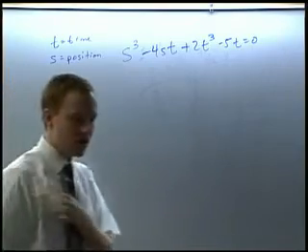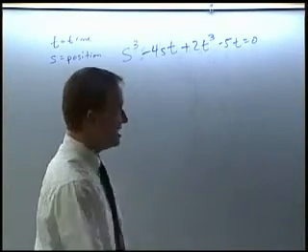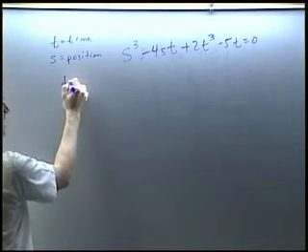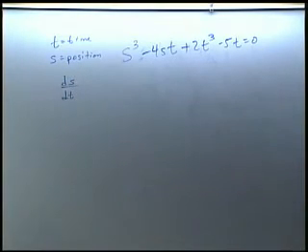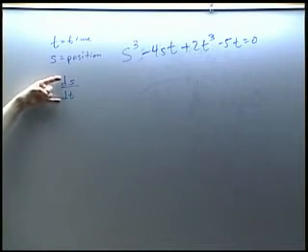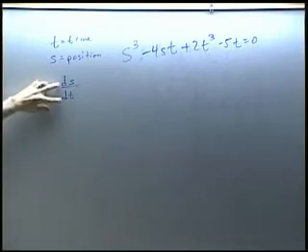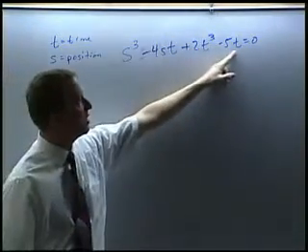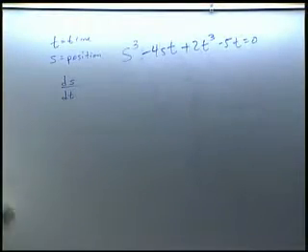Okay? The question they want you to find is the velocity, ds dt. We saw in earlier applications this semester that the velocity is the same as the first derivative, the position divided by the time change. Use implicit differentiation. Let's find ds dt.